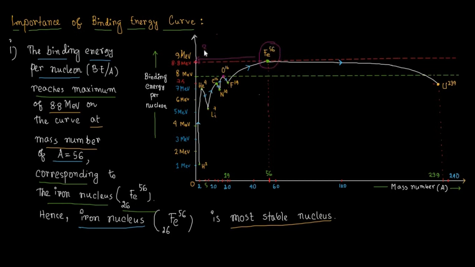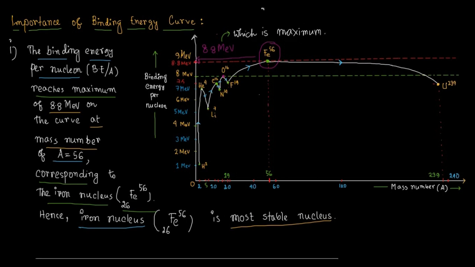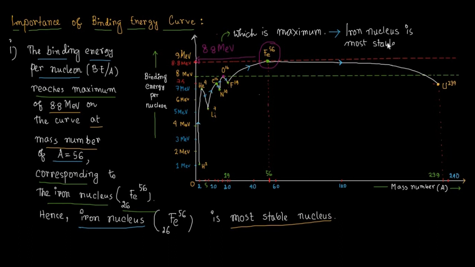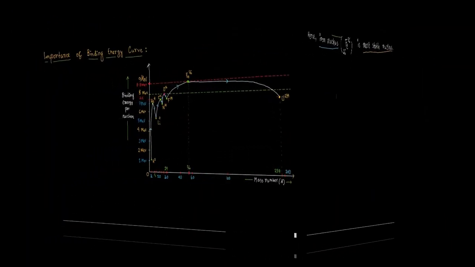On the curve, the binding energy per nucleon for iron 56 is 8.8 MeV, which is the maximum value. That's why the iron nucleus is the most stable nucleus.